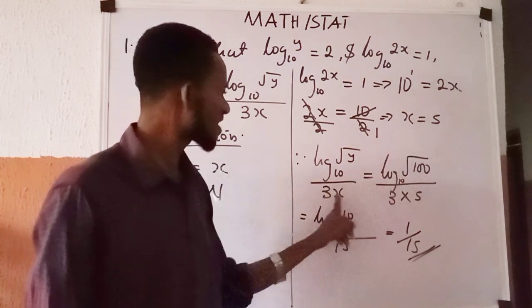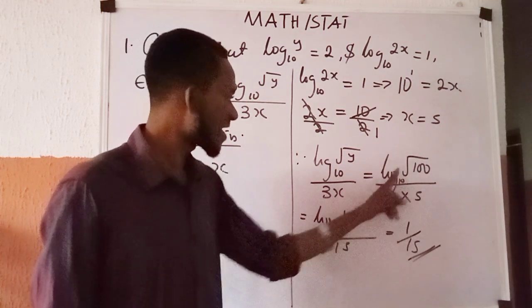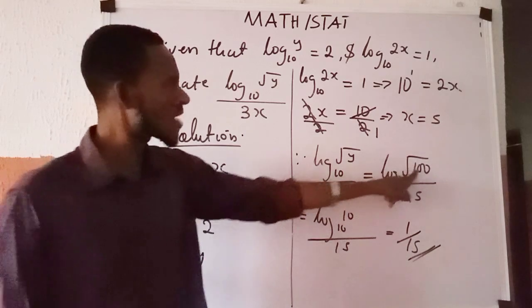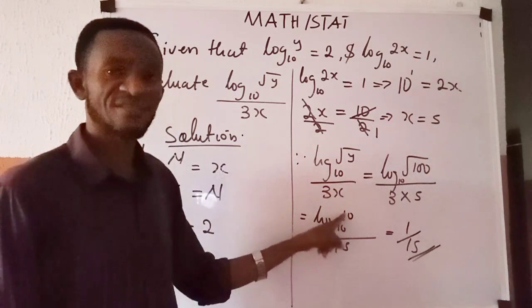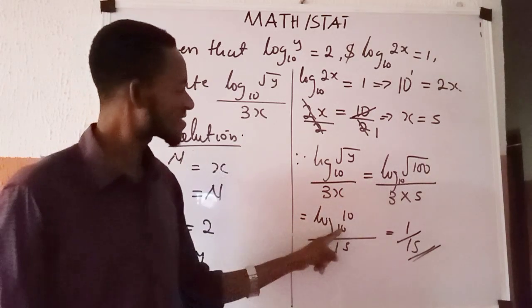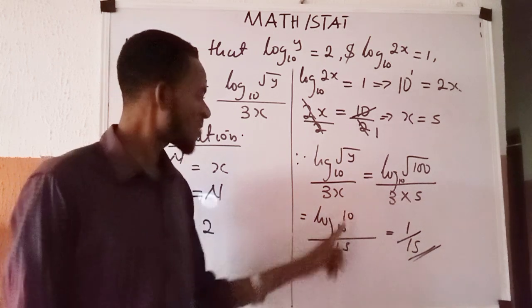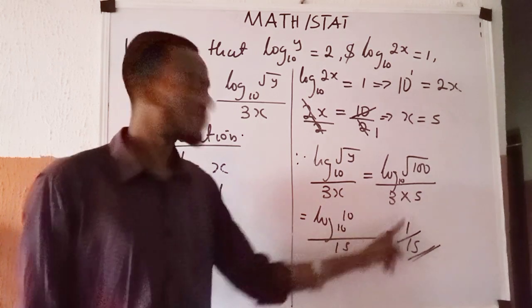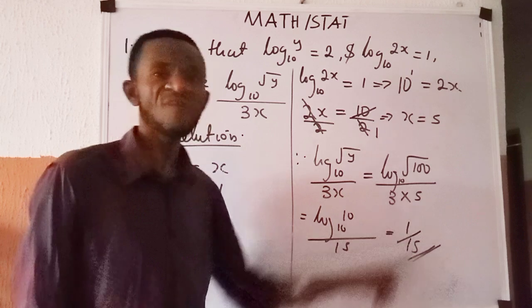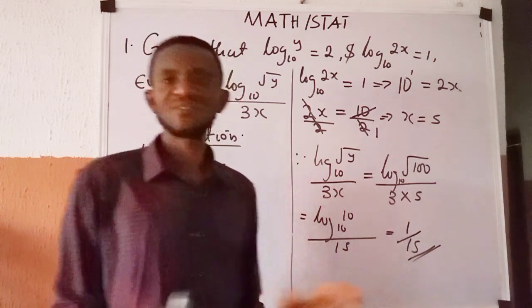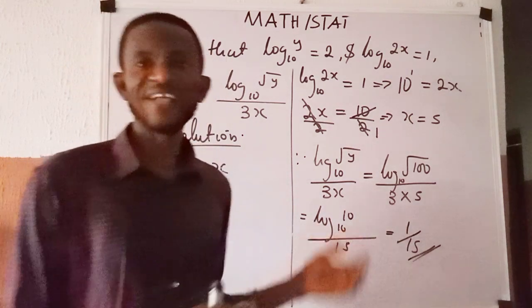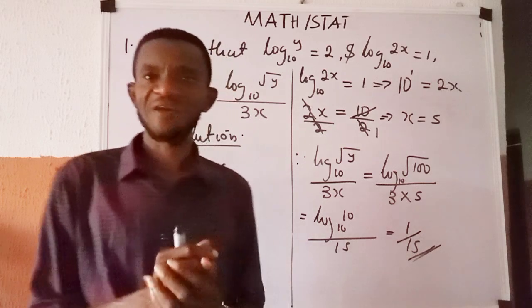In place of x, I'll put 5. Of course, you know that the square root of 100 is 10. So I now have log 10 base 10 all over 3 times 5, which is 15. Log of a number to its own base is 1. So I will now have 1 over 15. And with this, you must have provided an answer to that particular problem.